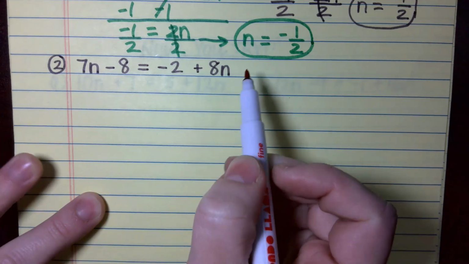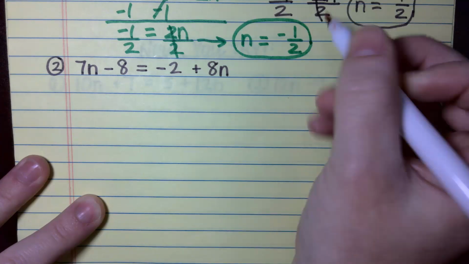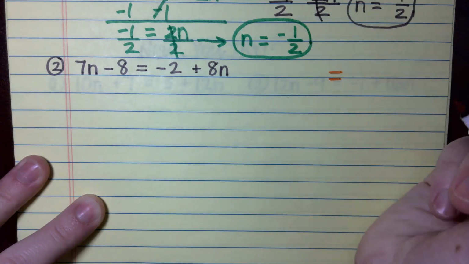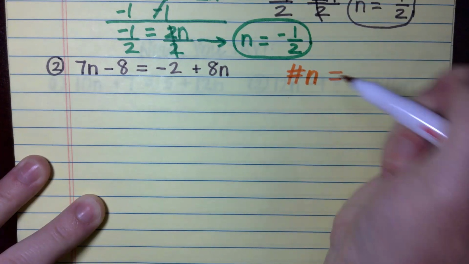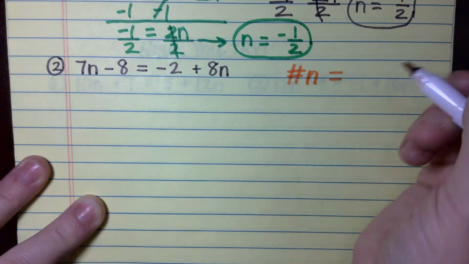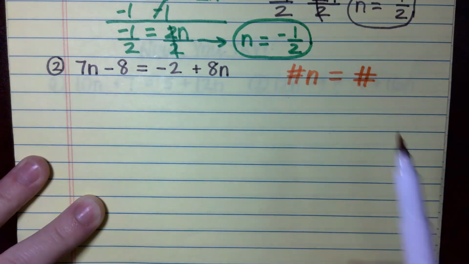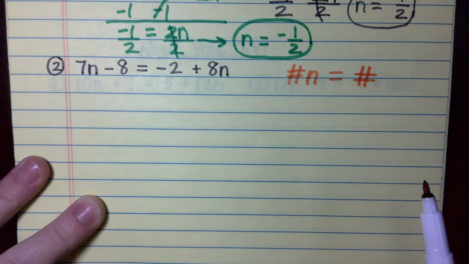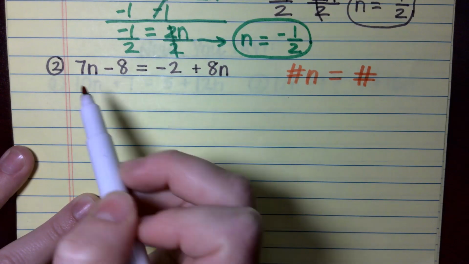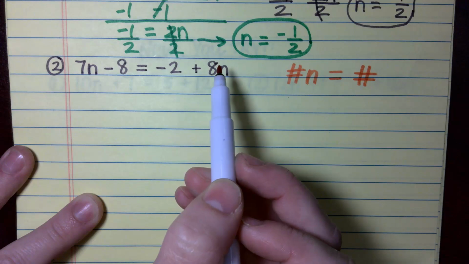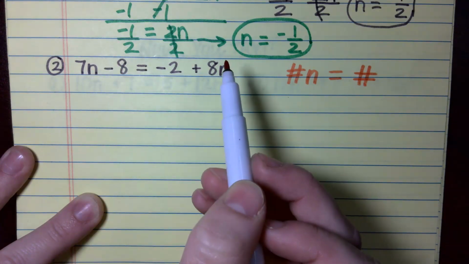But before we can do that, our end goal is to have all your numbers with variables on one side of the equal sign and all your numbers without variables on the other side. It doesn't matter which side you choose. We need to get either negative 2 over here and 7 over here, or we could bring 8n over here and negative 8 over here.